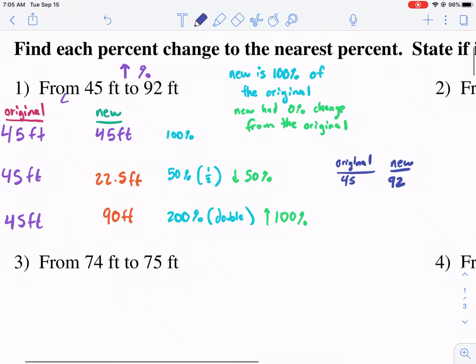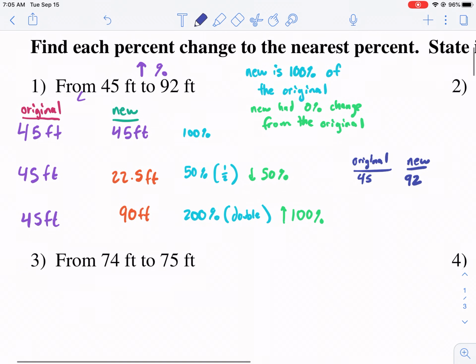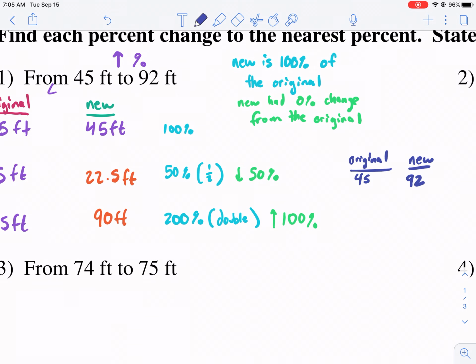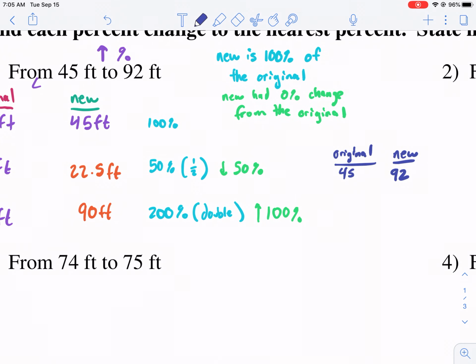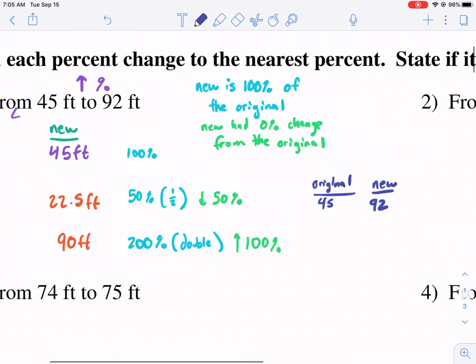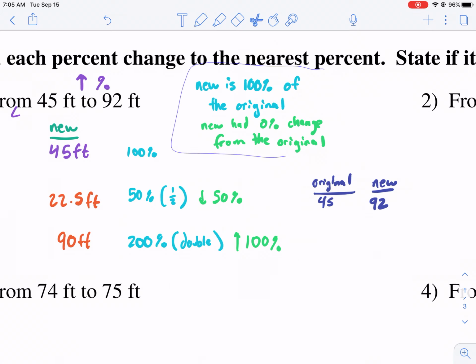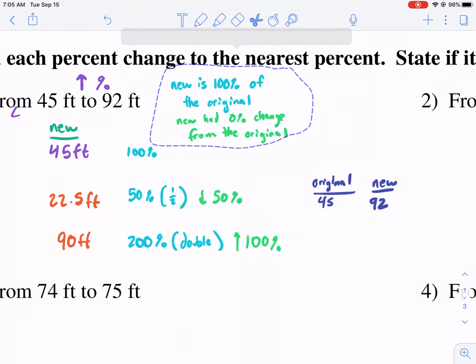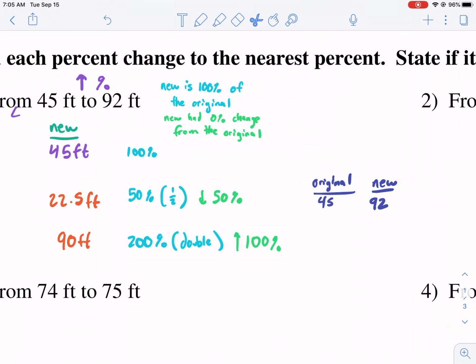So how do we figure out the percent change? We talked about what it is, but I didn't go over how to calculate the percent change just given the amounts. To do that, we first find what percentage the new is of the original. How do we do that?